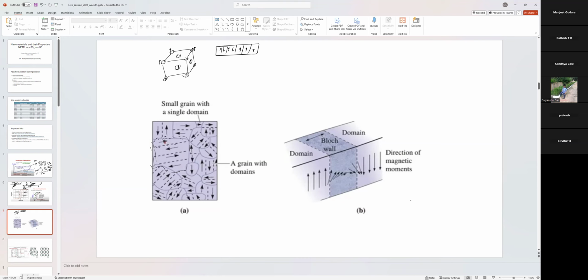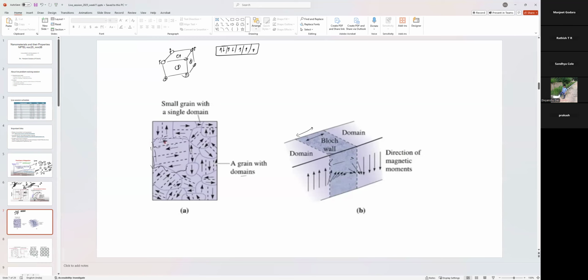Then in the same grain itself, there will be a kind of magnetic grain boundary inside the grain. We are not calling it a grain boundary, we are calling it a wall. So between the domains, we have your magnetic domain walls, and across this wall, the domain is pointing in some other direction.